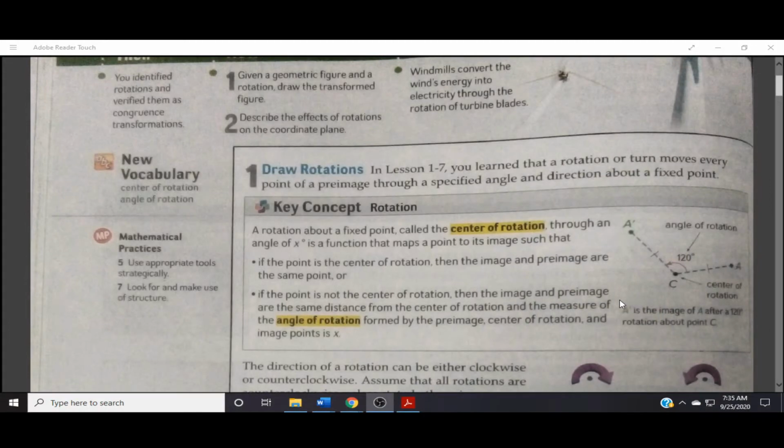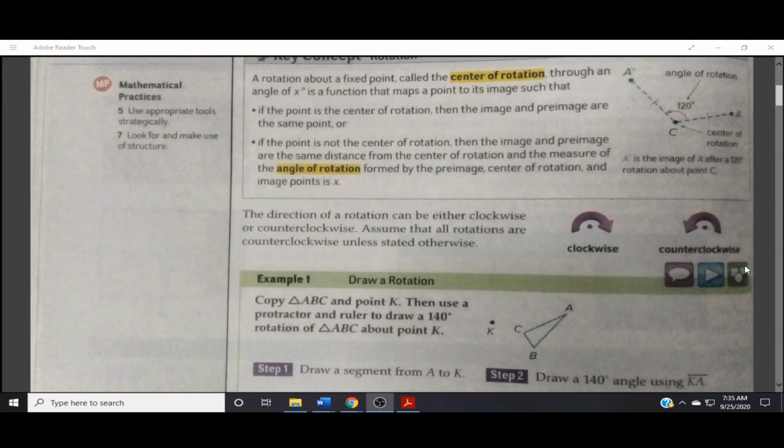Okay, so the center of rotation is a fixed point where you rotate the pre-image to the image. It rotates by a certain number of degrees, a certain angle, which is the angle of rotation. Clockwise is to the right, and counterclockwise is to the left. Positive is always counterclockwise.